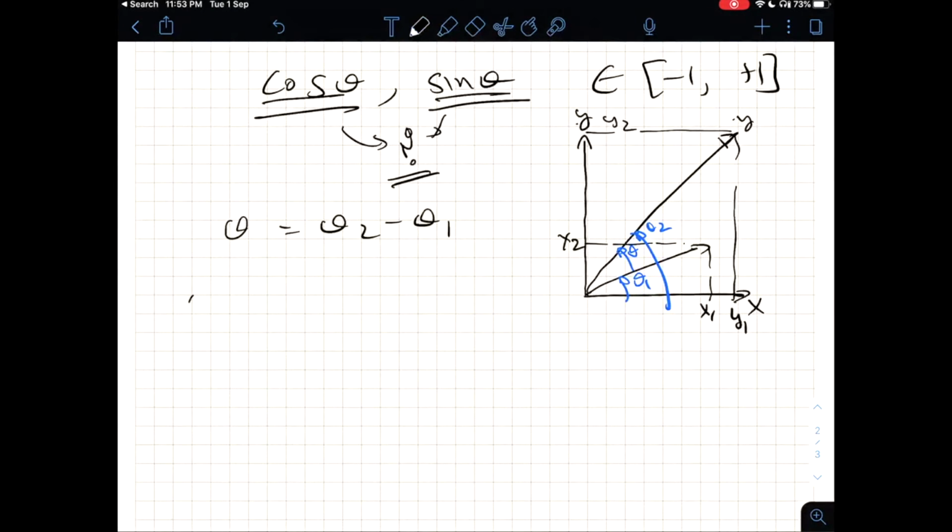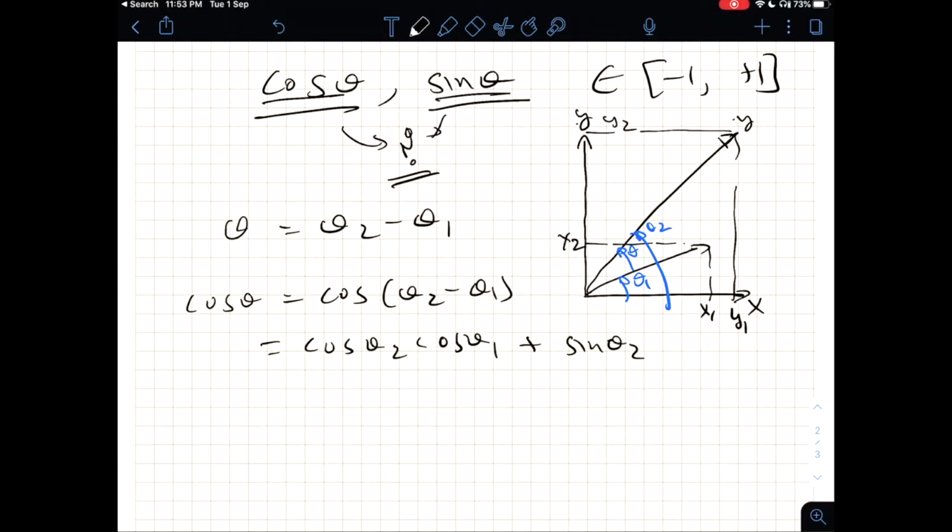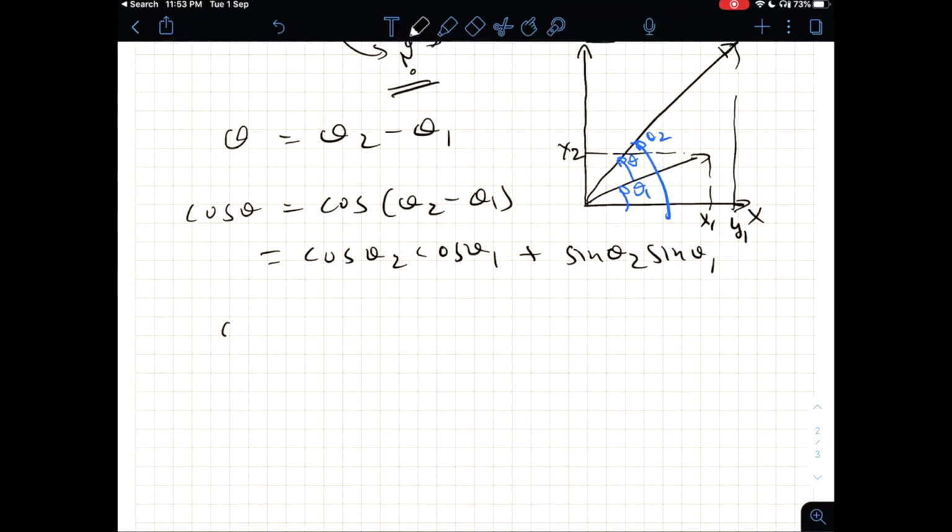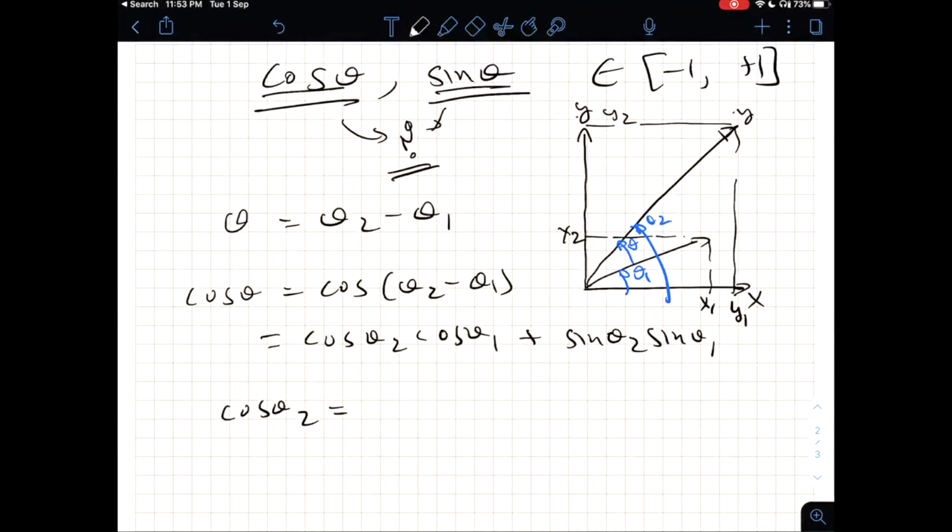Now if I look at cos of theta, then it becomes cos of theta 2 minus theta 1, which is cos theta 2 cos theta 1 plus sin theta 2 sin theta 1. Okay, now what is cos of theta 2 here? Cos of theta 2 here is base by the hypotenuse, right?